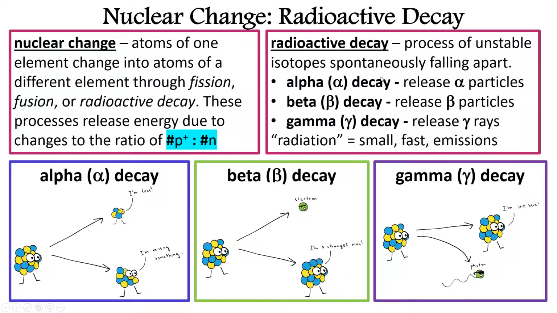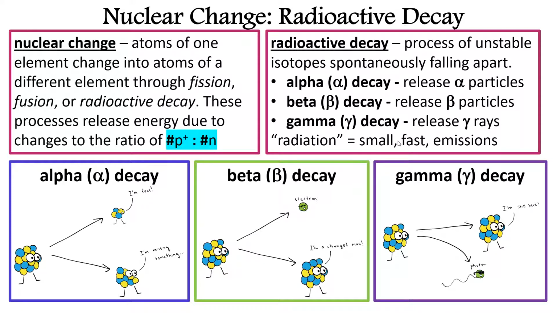And all of these types of decay have something being released. So when we hear this term radiation, it's referring to these small, fast emissions that are coming off of atoms undergoing decay.